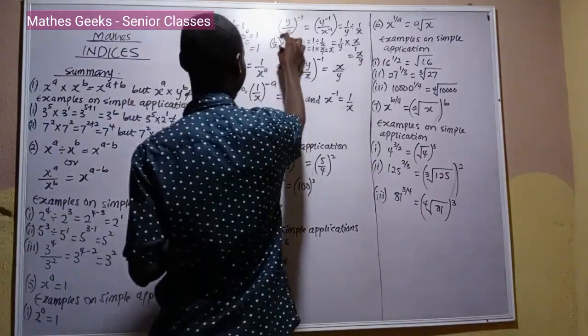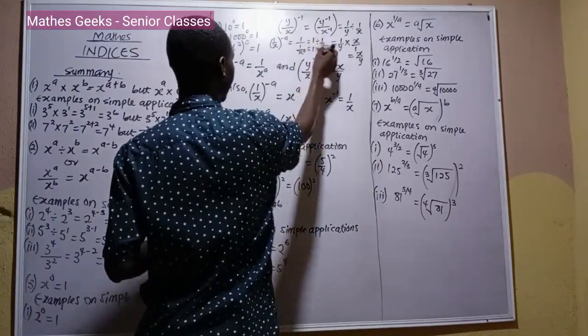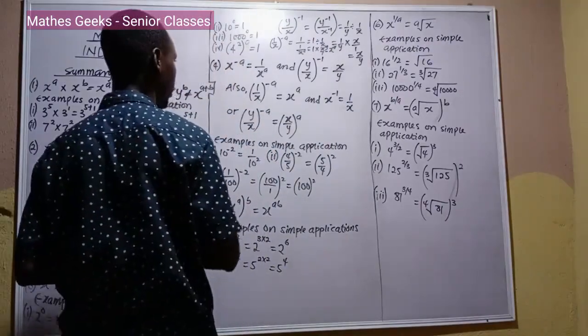So if we represent 1 over x raised to minus a, that's x raised to power a. So here's a, and then there's a. So that's why it's x raised to power a here.